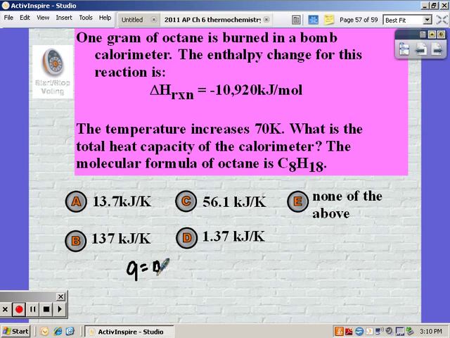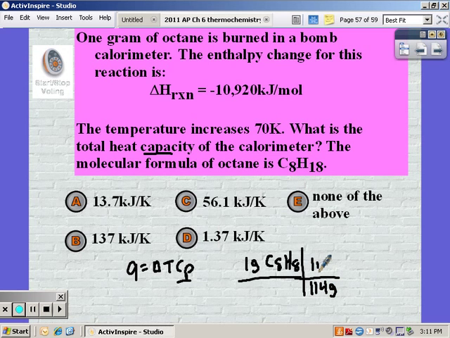We have a bomb calorimeter, so Q equals delta T Cp. They said the temperature increased 70 K, so that's our change in temperature. And we're looking for Cp, or the heat capacity of the calorimeter. We need to use stoichiometry to convert our 1 gram of octane to kilojoules based on the enthalpy of combustion.